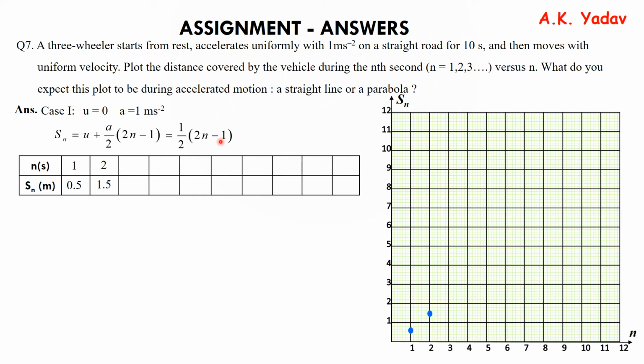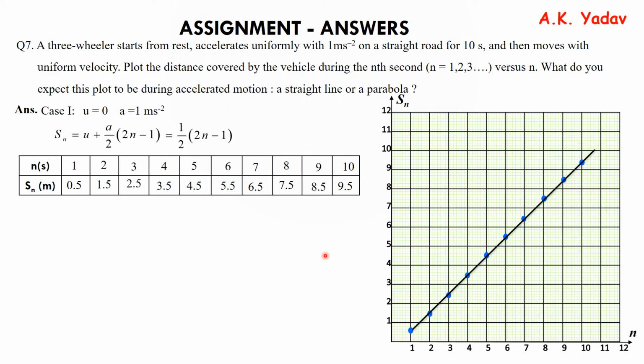N is 3, it is 2.5; 4, 3.5; 5, 4.5; 6, 5.5; 7, 6.5; 8, 7.5; 9, 8.5; and 10, 9.5. You can get all these values for Sn by putting the value of n equal to 1, 2, 3 up to 10 in this equation. If I join, I get a straight line. So this was case 1.